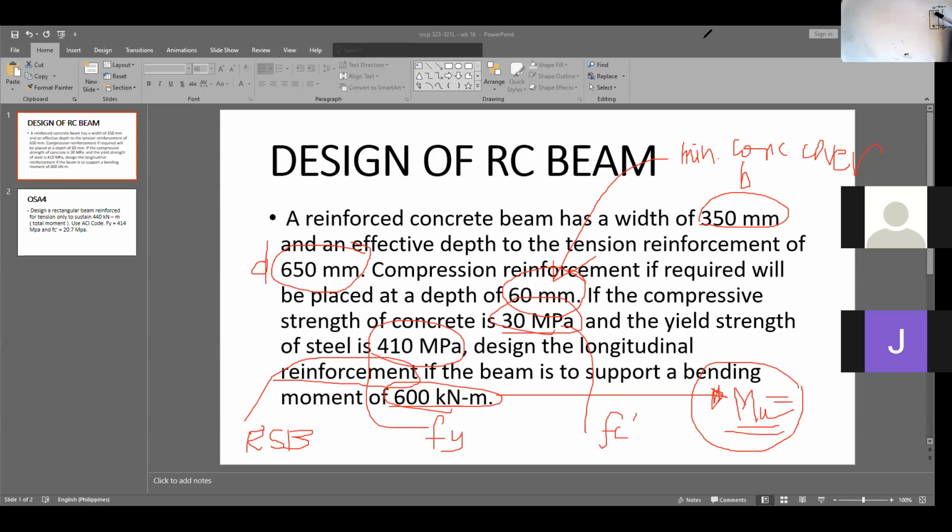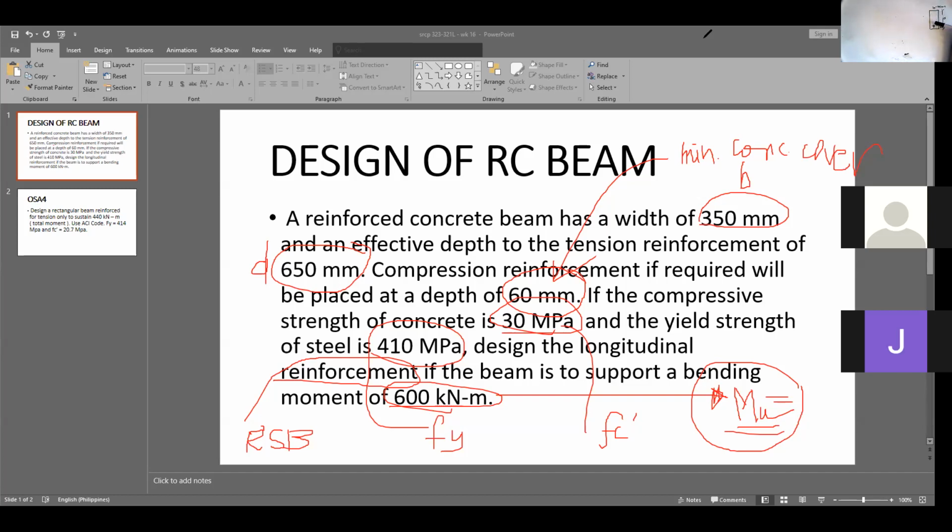So if there are cases where you don't need to provide compression reinforcement, compression reinforcement is still placed, only to make sure that the stirrups will stay in place. So that there is something for the stirrups to hold onto.